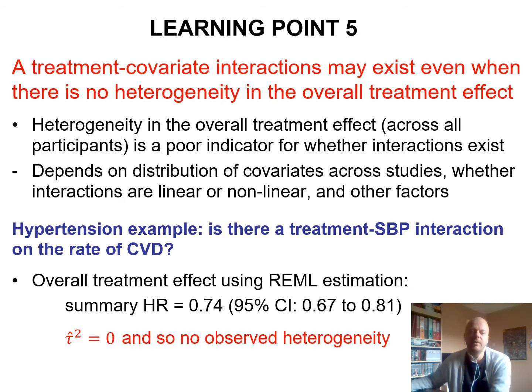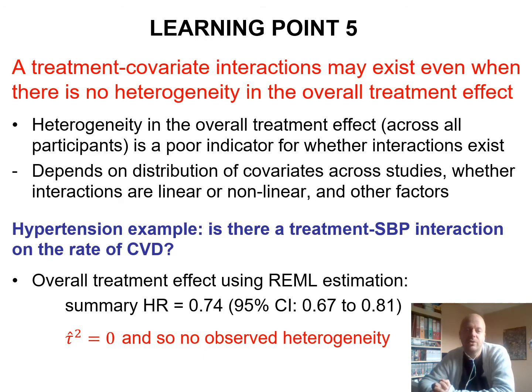Learning point 5 is that a treatment covariate interaction may exist even when there's no heterogeneity in the overall treatment effect. Sometimes when people do a traditional meta-analysis, they find heterogeneity in the treatment effect. They say we need to do an IPD meta-analysis because there must be something causing this at the participant level.